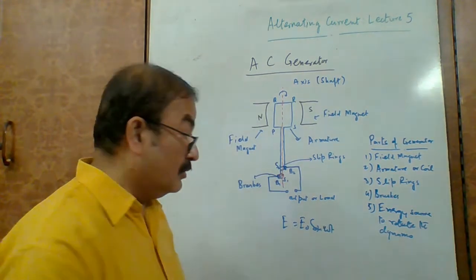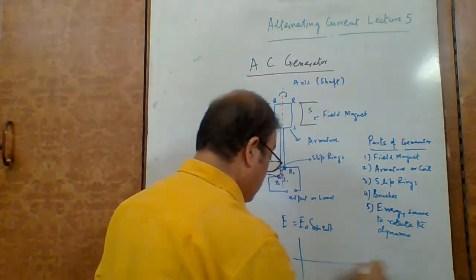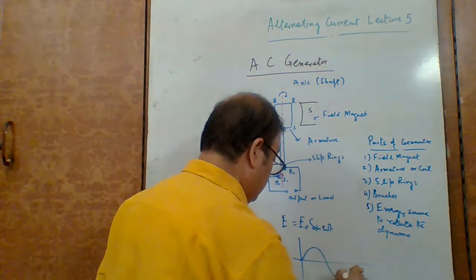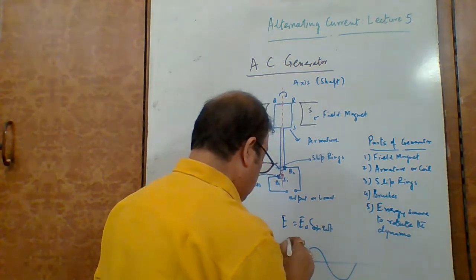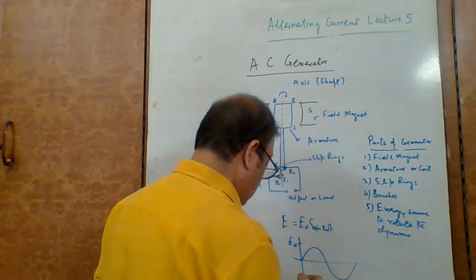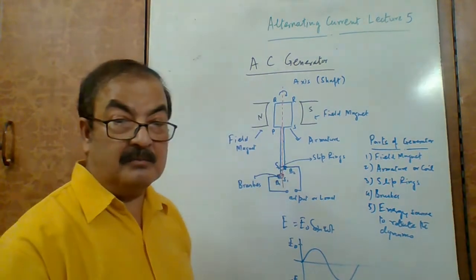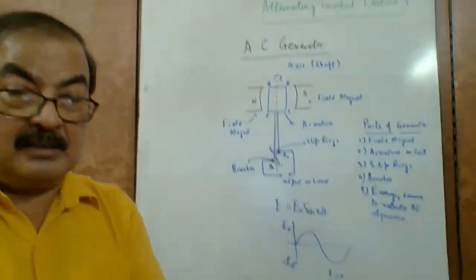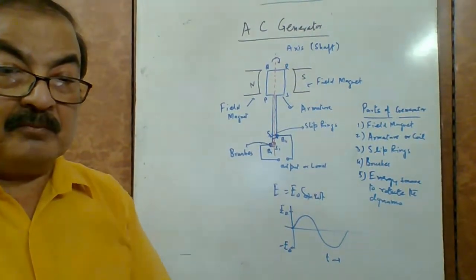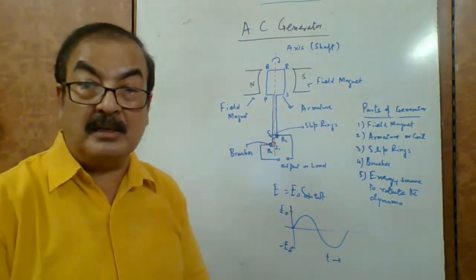Remember, the ultimate result will be like this: E naught, minus E naught, and this is T. This type of full AC is generated here. That is how an AC generator works.